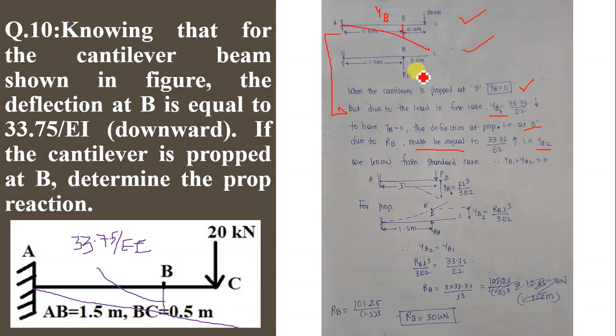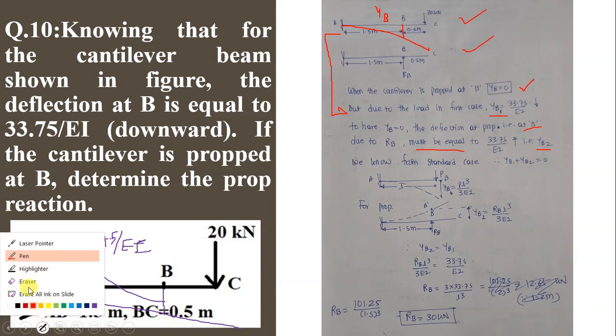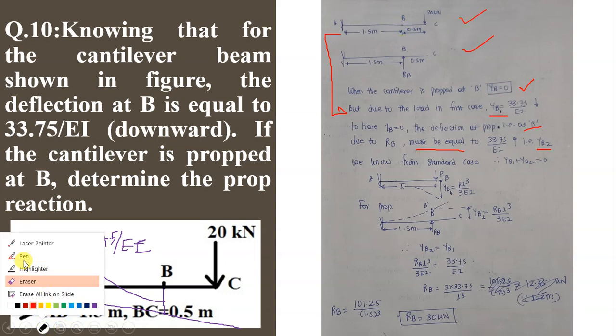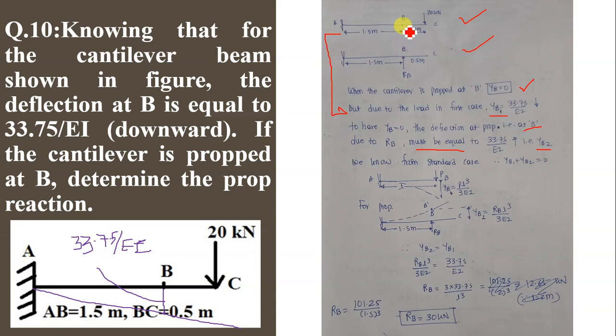And hence, when you apply a prop to this beam, I will just go to the sketch again. I will erase it. When you apply a prop at B, now this is the case, 20 kilonewton.